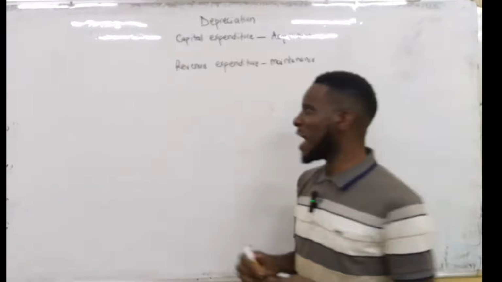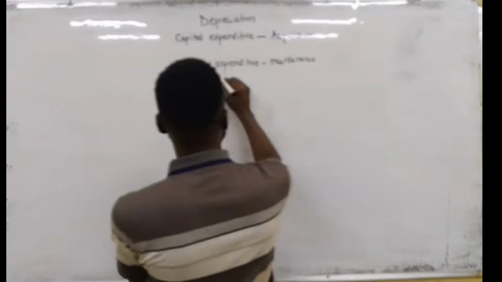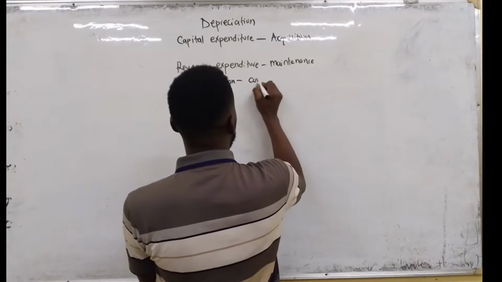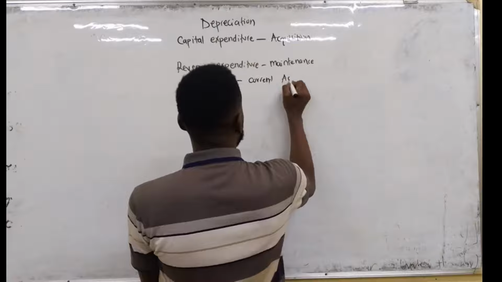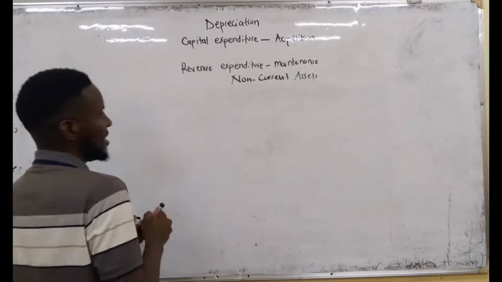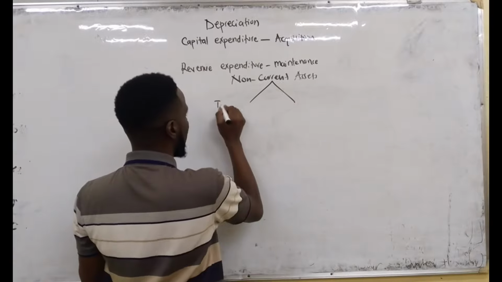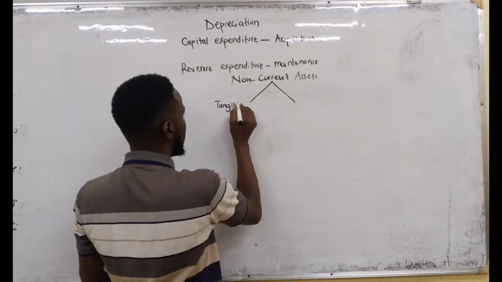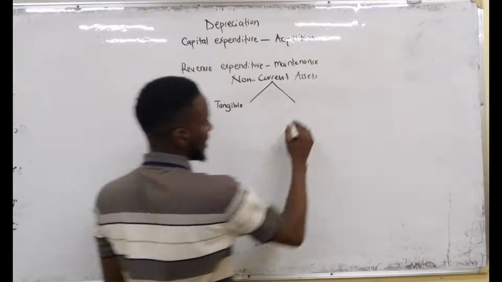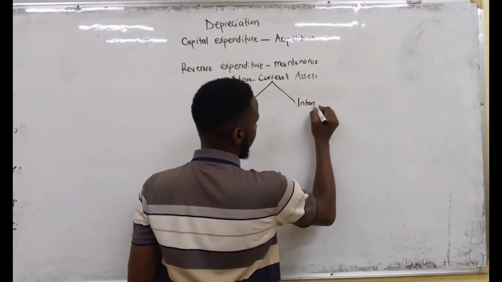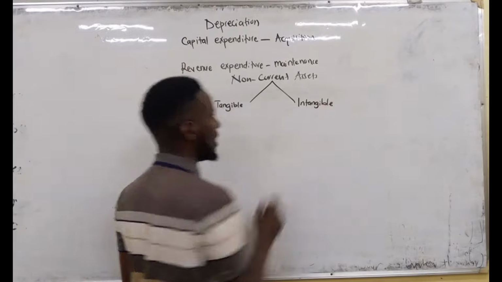Now, when it comes to the non-current assets, you know, they're divided into two. We have the tangible non-current assets, and then we have the intangible non-current assets.